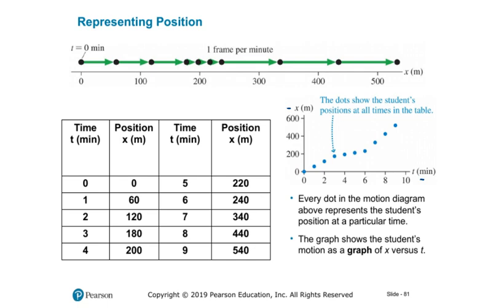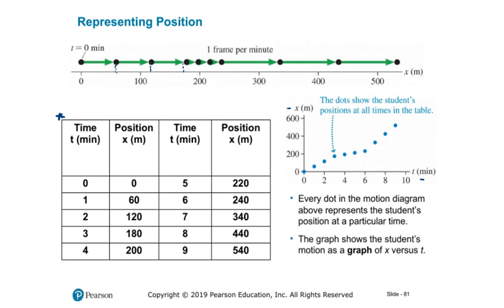In this motion here, we have a person, let's say, moving, and we take a picture of him or her at different times, and we see the positions x1, x2, x3, and so on.